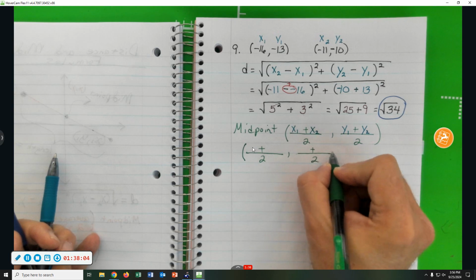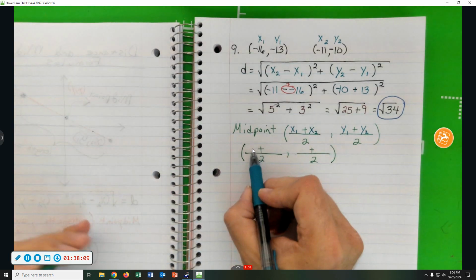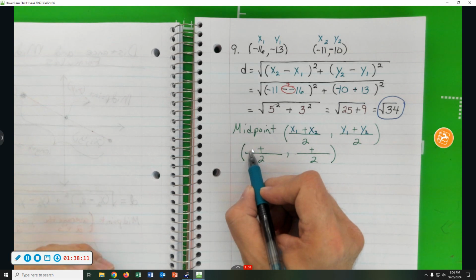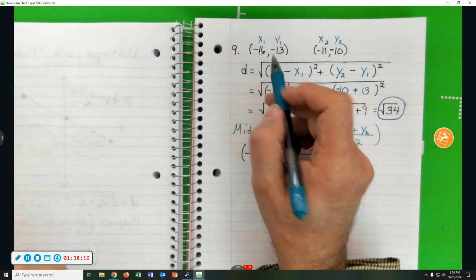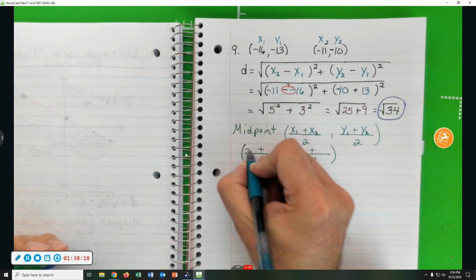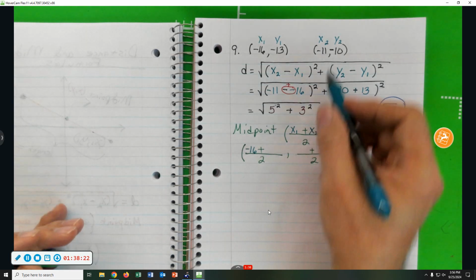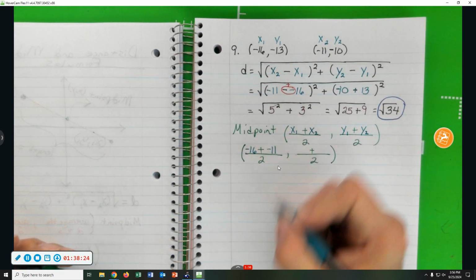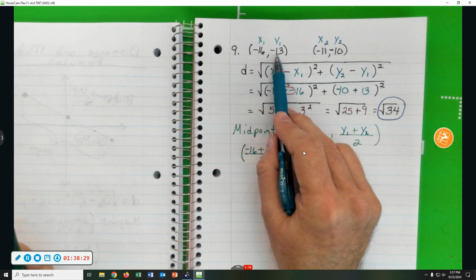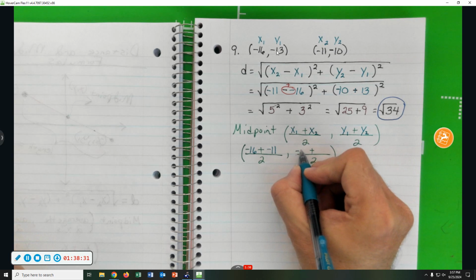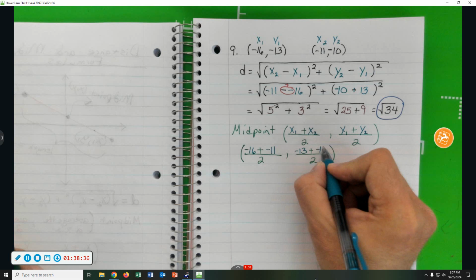So what's going to go here where my point cursor is? What am I going to put there? Negative 16 plus here, negative 11, I agree. Now for the y coordinates here, negative 13 plus negative 10. Good.